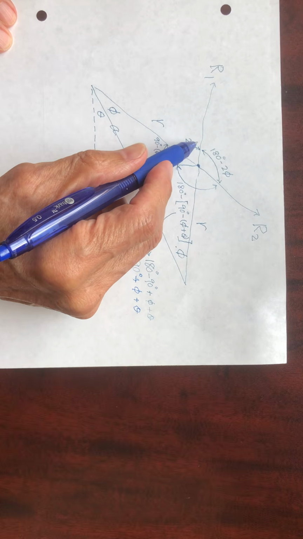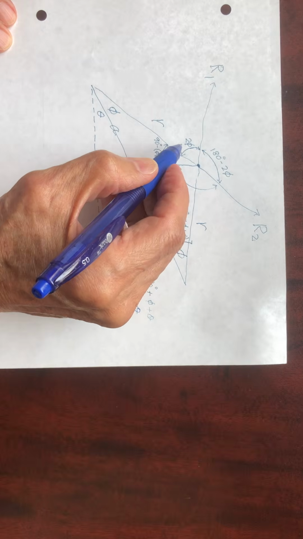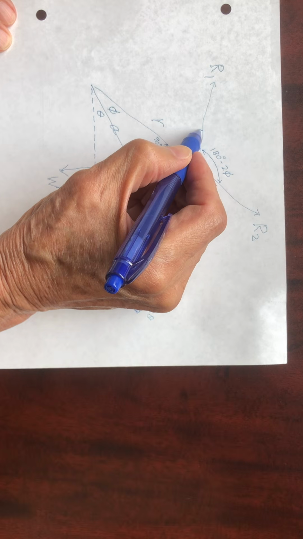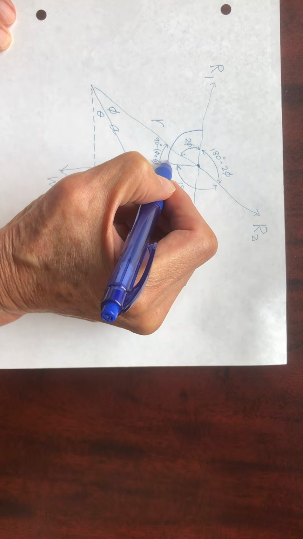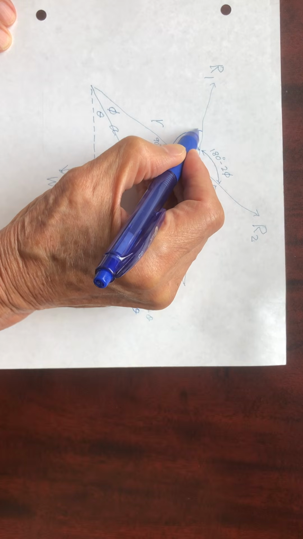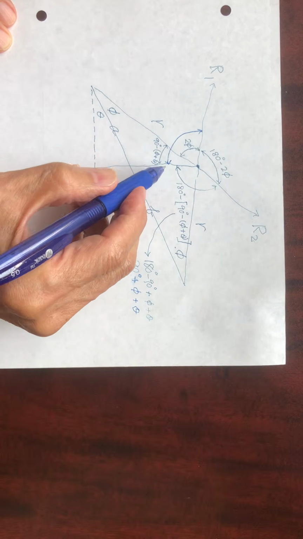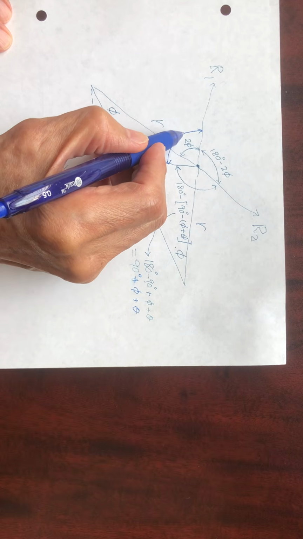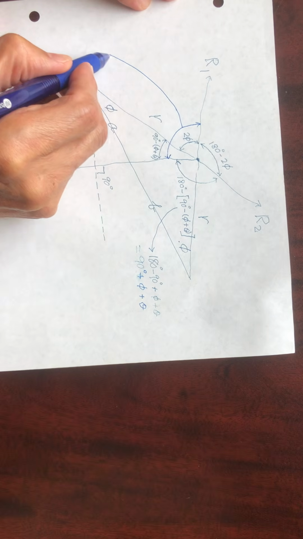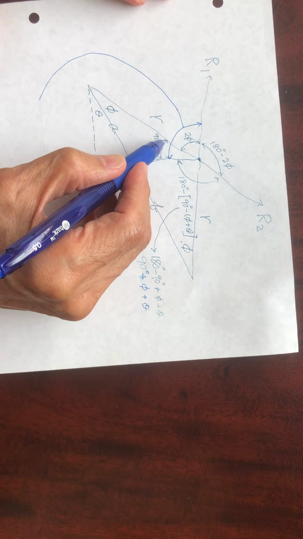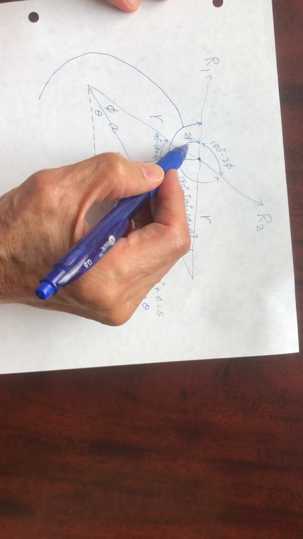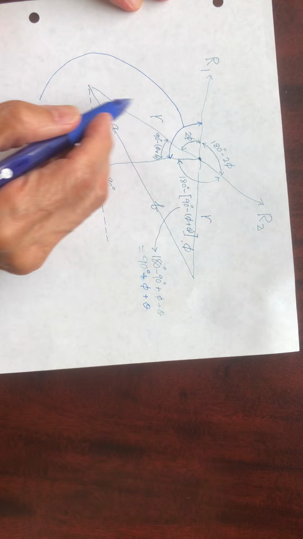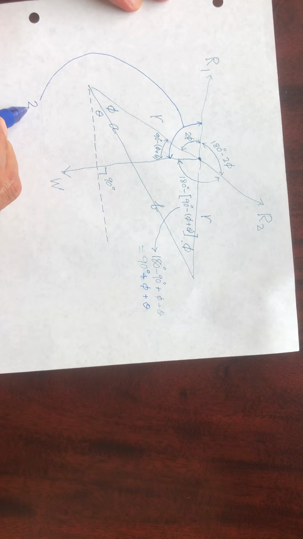So what is this angle then? I need this angle. So this angle is this angle plus this angle. It's 2 phi plus this angle.